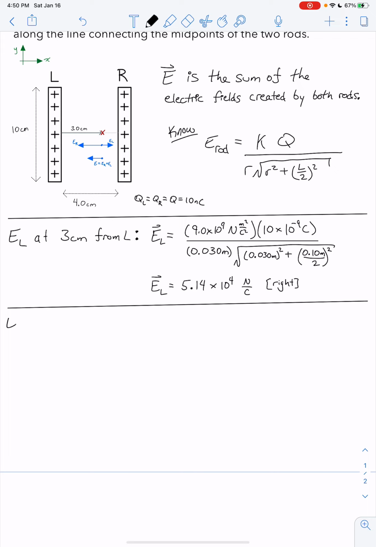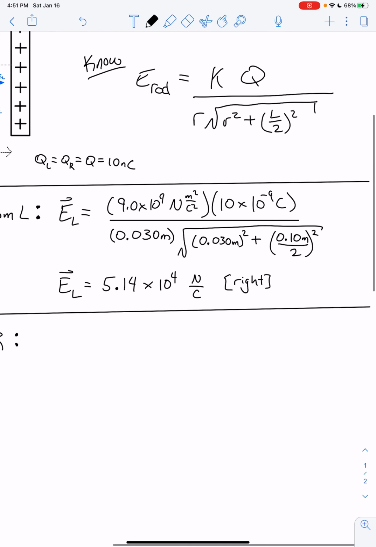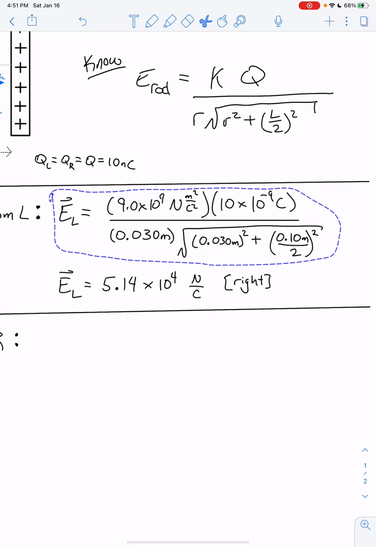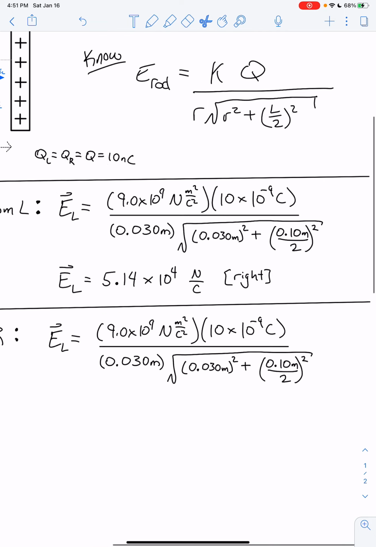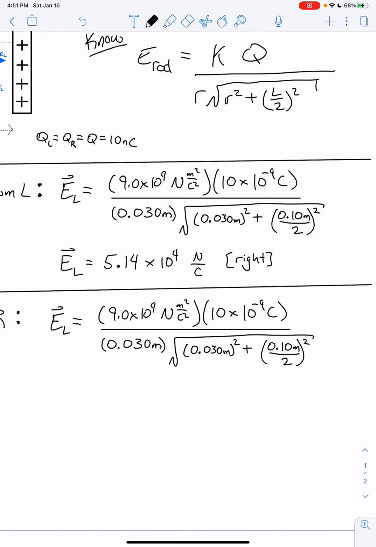So the electric field caused by the right-hand rod is going to be at 1 centimeter from the right. Since all of this is the same, I'm just going to copy this and modify what we need to modify. The nice thing about these superposition rules is that you do it a few times.